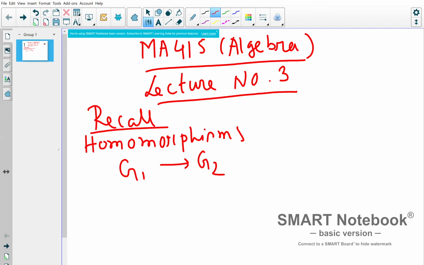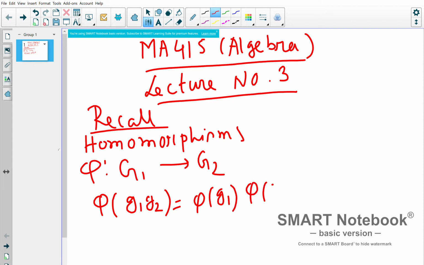They may have different operations also, and you have a map phi such that it satisfies this property: phi of g1 g2 equals phi of g1 times phi of g2, for all g1 and g2 belonging to capital G1. This is a structure preserving map, and homomorphisms have lots of properties.